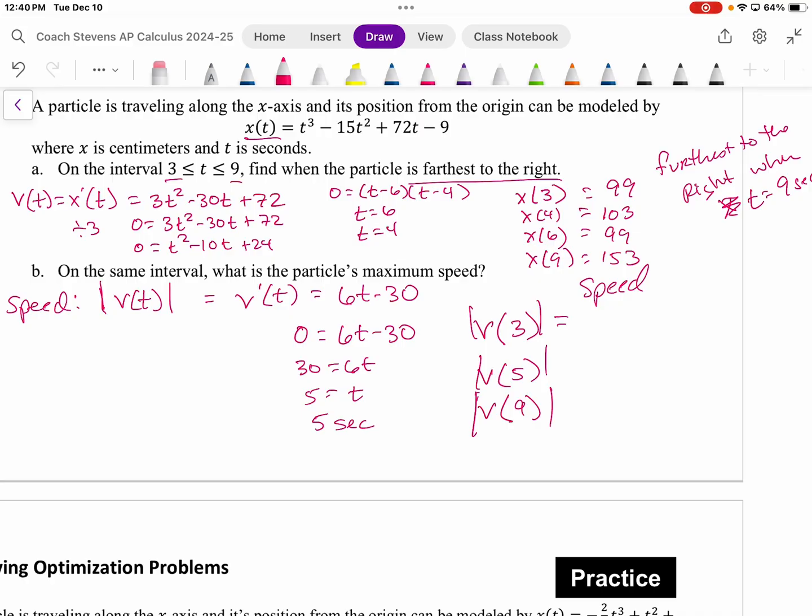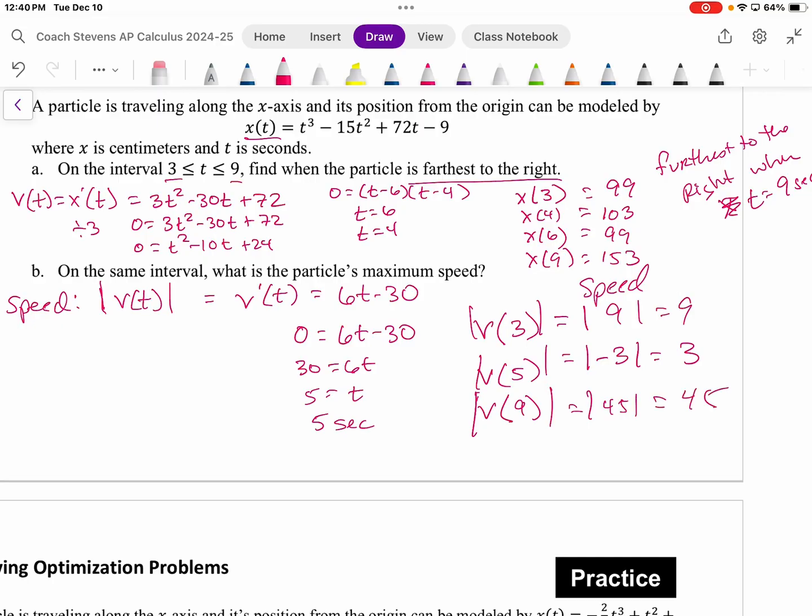Then I can go back to my table, and the only thing I need to do is add the 5, because I had 3 and 9 in there already. At 5, it's technically the absolute value of negative 3, which is 3. Then 9 is 45. So that's just 9 and 45.